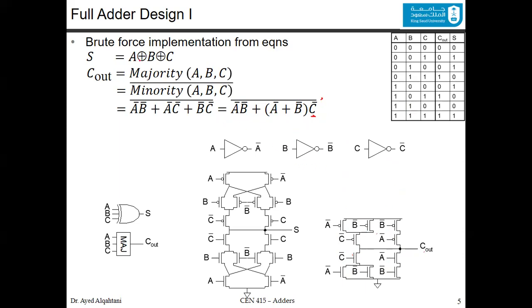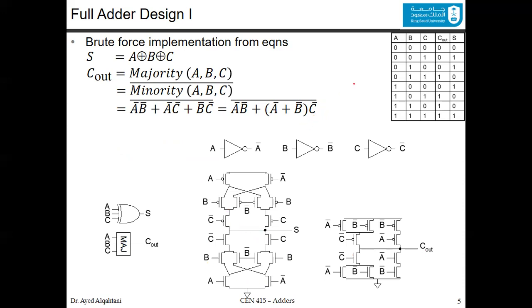Now, the sum is actually the XOR. We know that the function of the XOR is the odd function. So we can get the even function, which is basically the XNOR, and we complement. So the XOR is actually the XNOR complemented. And then we design it here.